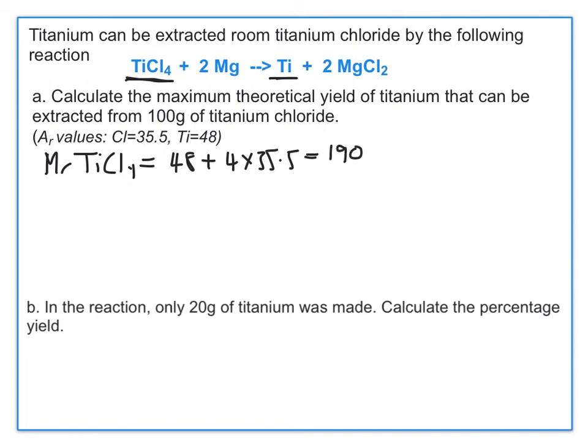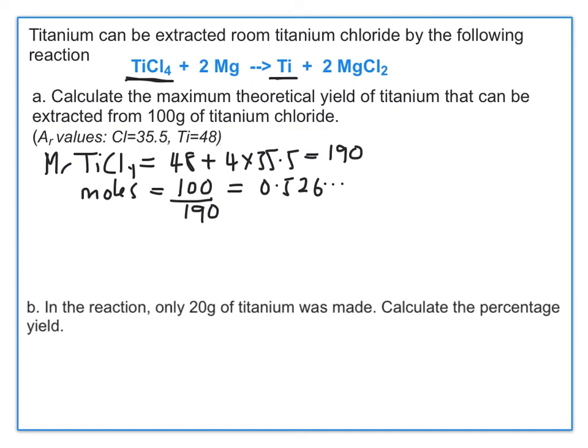Next stage, I need to work out the number of moles of titanium chloride, because remember I can't go directly from masses. So moles of titanium chloride is going to be the mass, 100 grams, divided by the MR, the relative formula mass, 190. Now looking at my calculator, that gives me a bit of an awkward number. I'm going to make sure that I keep the whole value in my calculator so that I avoid rounding error. But I'm just going to write it down as 0.526.